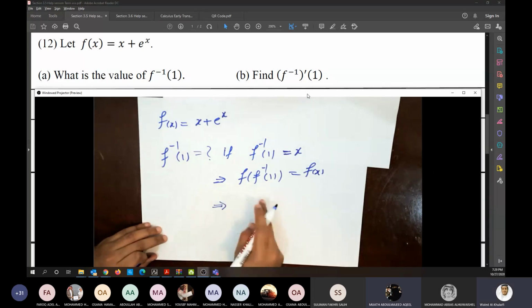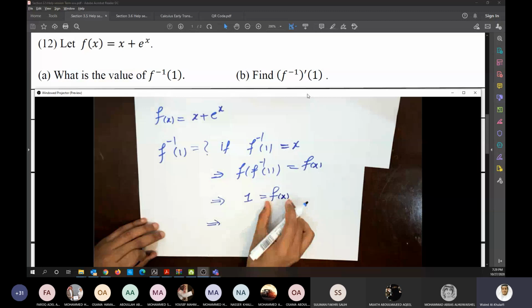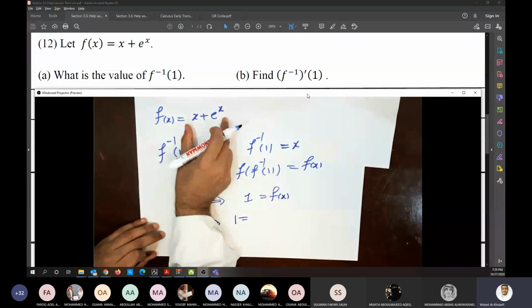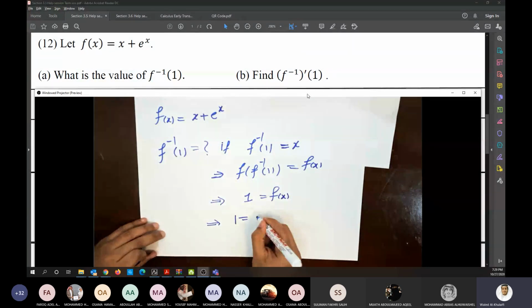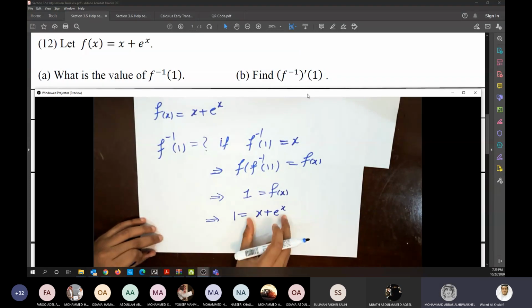What will be the output? 1 equals f of x. Okay, what is f of x? The one that he gave me in the equation, which is x plus e^x. So it is as if you are solving this equation.